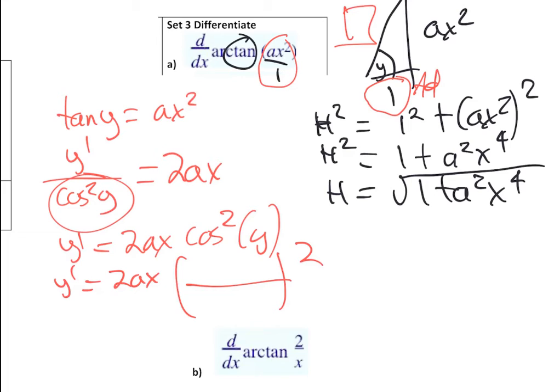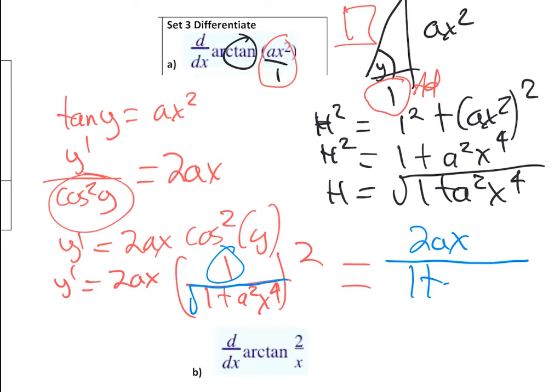What's the cosine? 1 over the hypotenuse, which is the square root of 1 plus a squared x to the 4th. So now what I need to do is square the numerator and square the denominator. So I'm going to end up with 2ax divided by 1 plus a squared x to the 4th.